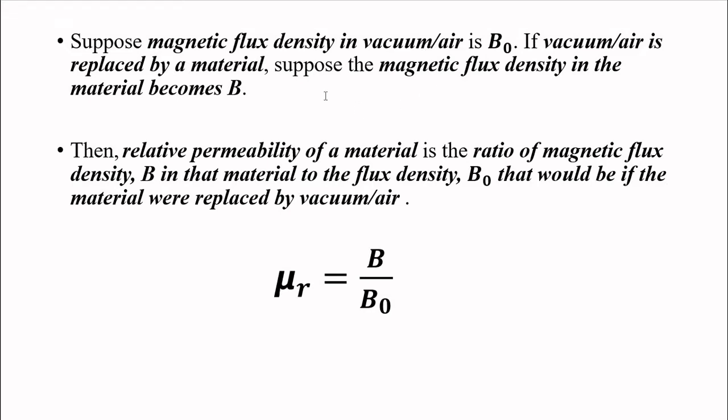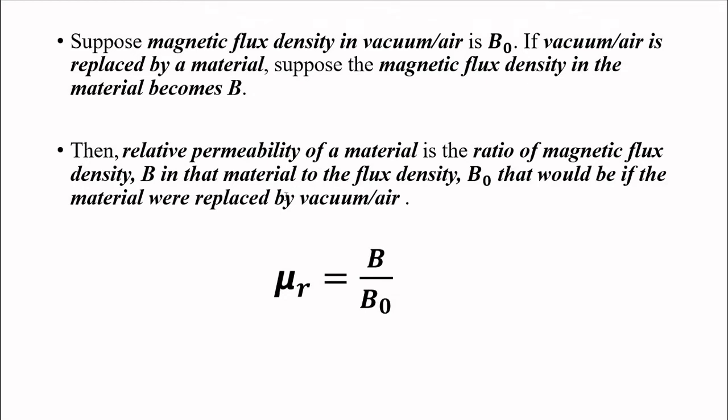And let's say then the vacuum or air is replaced by a material, any material. In that case, the magnetic flux density of the material becomes B. So there are two kinds of permeabilities. First one is relative permeability and next is absolute permeability.